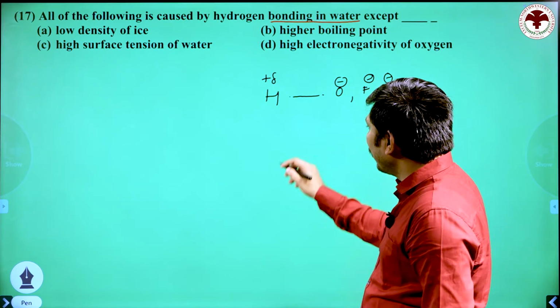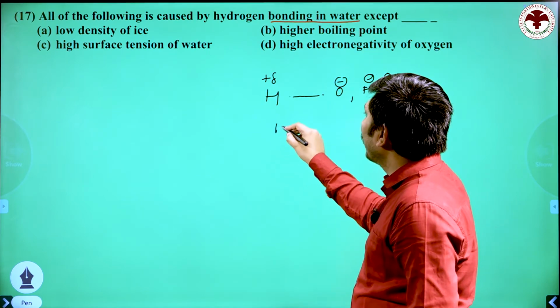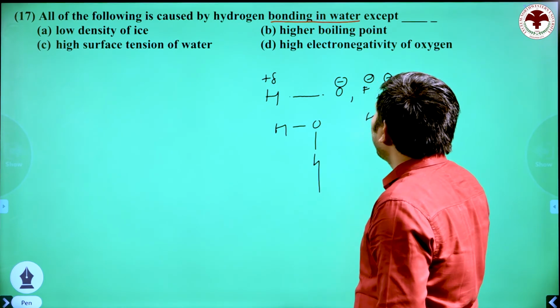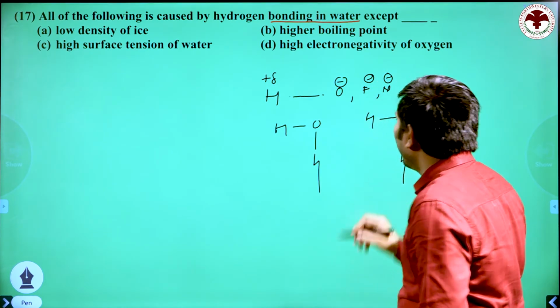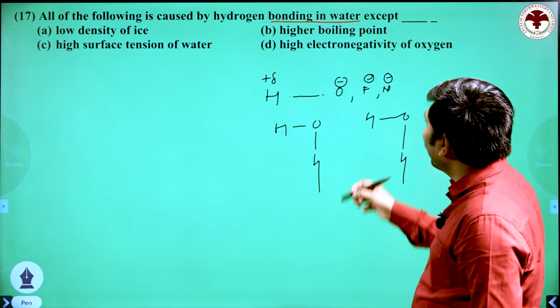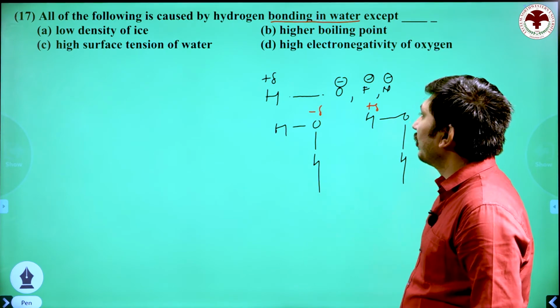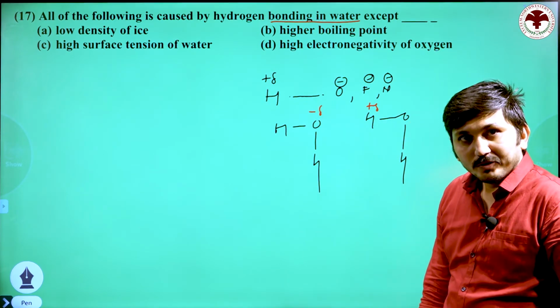Okay, like in water, it is H2O. This is the second molecule of H2O. So we know that hydrogen has a positive charge and oxygen has a negative charge due to the high electronegativity difference.